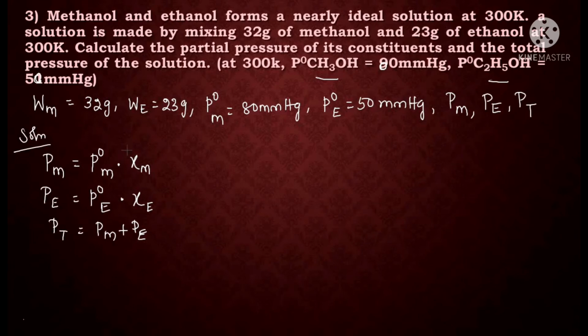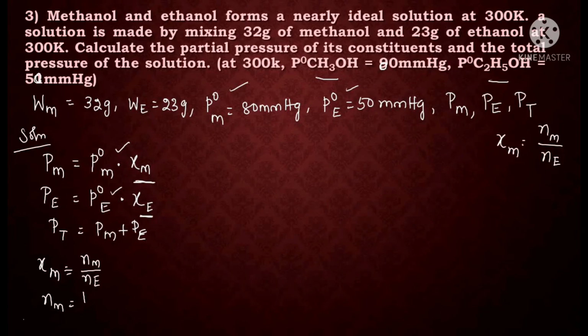But see, we are having P0M, P0E also we are having, but we don't have XM and XE. How to calculate NM? NM is equal to weight of methanol divided by molecular weight of methanol. Okay, what is the weight of methanol given?